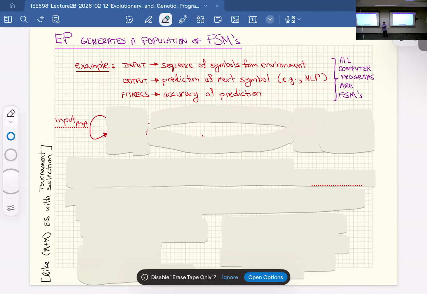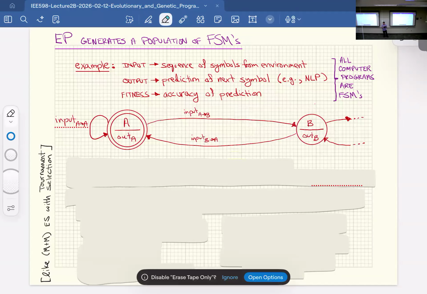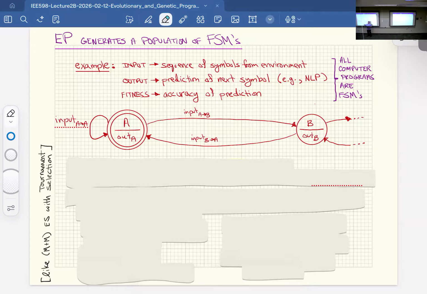As a reminder, or maybe a reintroduction, a finite state machine is a combination of states and transitions that are triggered by changes in input, and outputs that are either tied to transitions or, in this case, tied to states. The idea here is that there's a bunch of these latent states inside the program. In this case, you start out in state A, the double circle, and while you're in state A, you have output A.